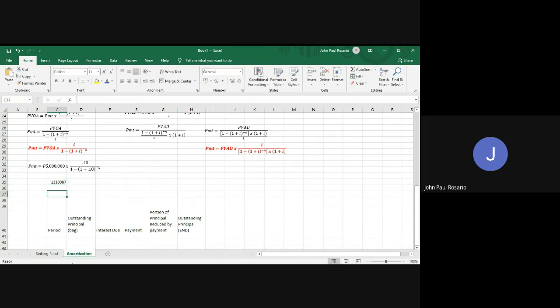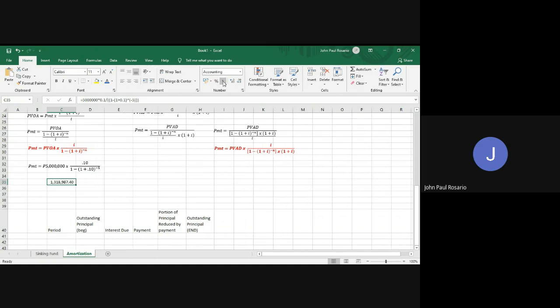So our annual payment should be 1,318,987. I'm going to check this using my calculator, and I hope that you do as well. Let's confirm the validity of what I have inputted through Excel. Yes, it's correct.